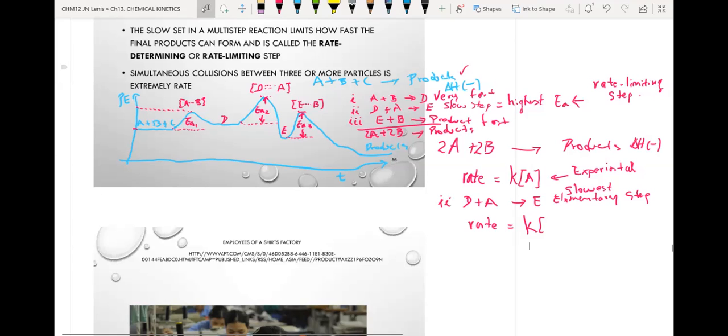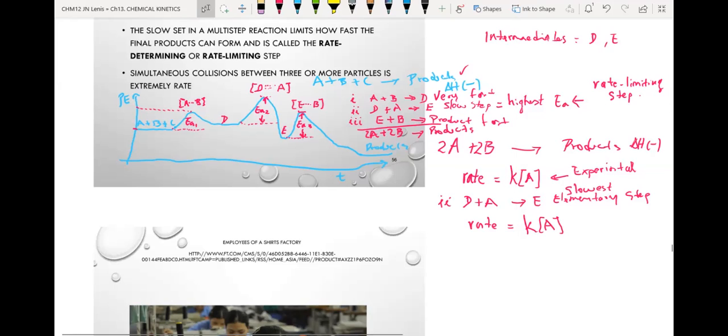So you say here somewhere, it's important, intermediates here, species are D and E. They are formed during the steps and they are consumed. That's why they don't show up as reactants and they don't show up as products. So we have to write the rate in terms of A.